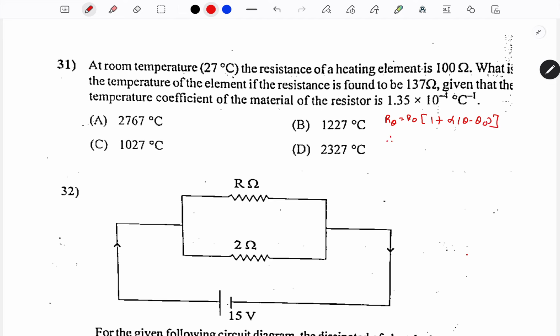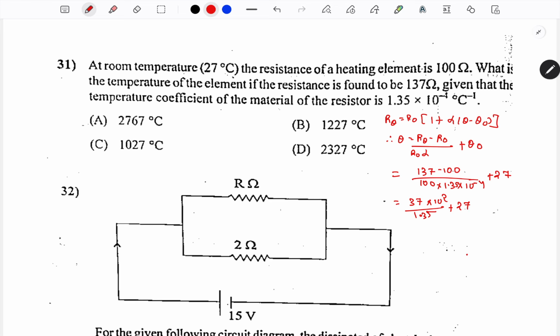and we have to find theta, which is equal to R theta minus R0 divided by R0 into alpha, plus theta 0. On putting values, 137 minus 100 divided by 100 into 1.5 into 10 to the power minus 4 degrees Celsius, plus 27. So the answer is 37 into 10 to the power 2 divided by 1.5 plus 27.